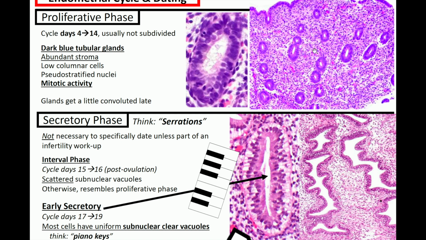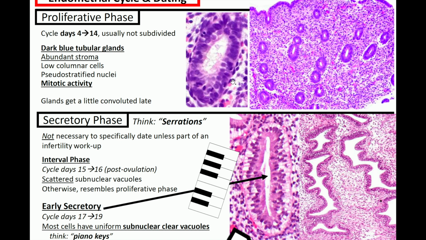One thing one of the professors or doctors in my program often talks about is that first you want to assess the nuclear stratification when you're looking at an endometrial biopsy. If you see pseudostratified nuclei, that's a good indication that you're in the proliferative phase, whereas secretory, we'll get to later, won't necessarily have that pseudostratification.